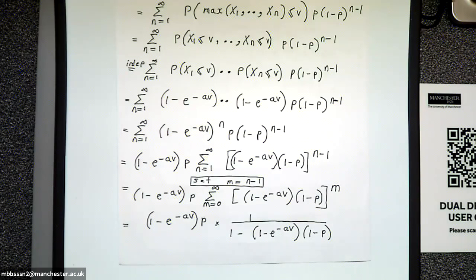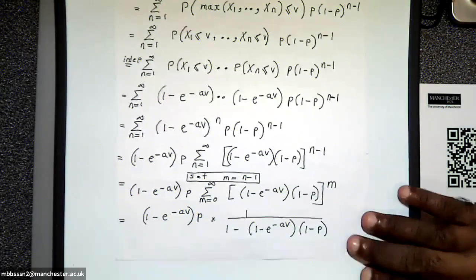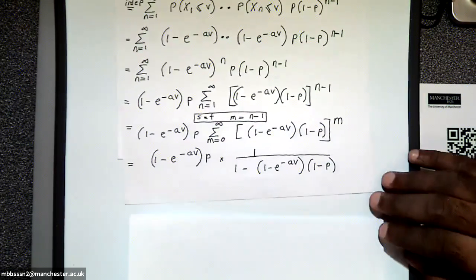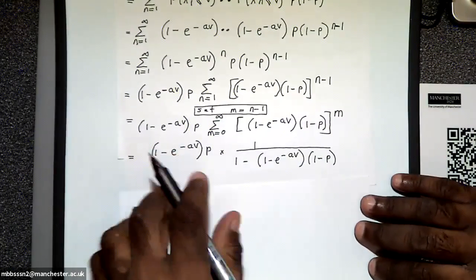So that's the maximum portfolio loss, and the next one is to find the PDF. So this is the CDF.